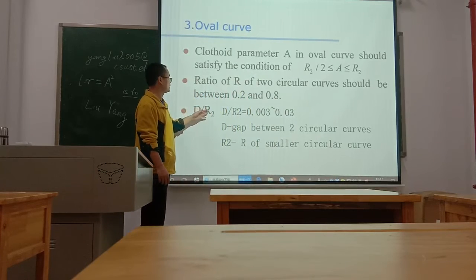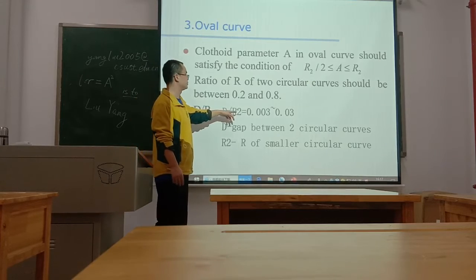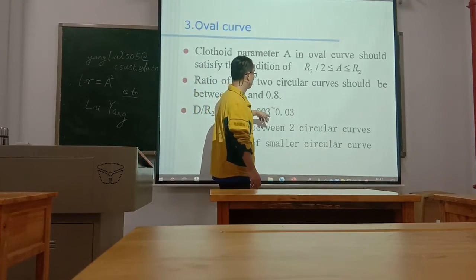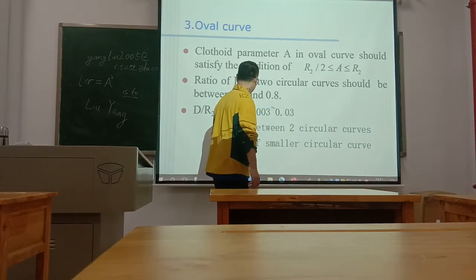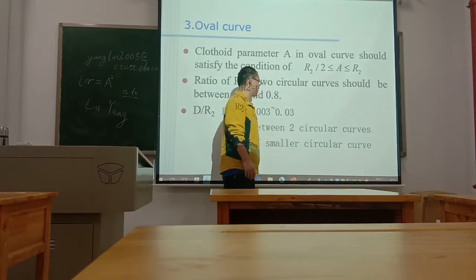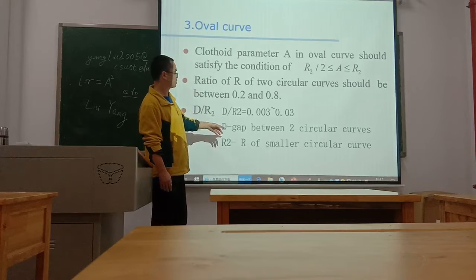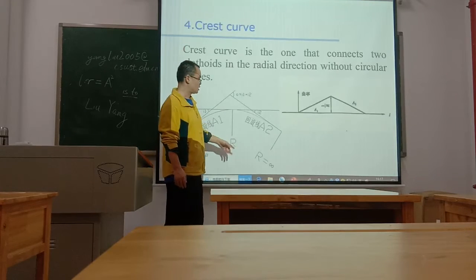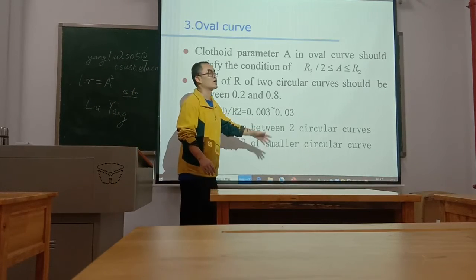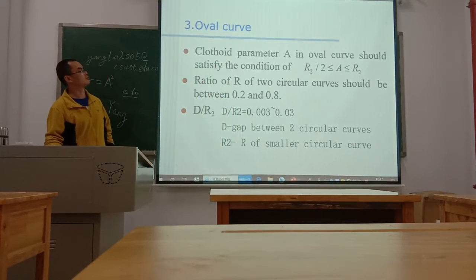D divided by R2 is between 0.003 and 0.03. D is the gap between the 2 circular curves. R2 is the R of the smaller circular curve, so R2 is the smaller circular curve radius.